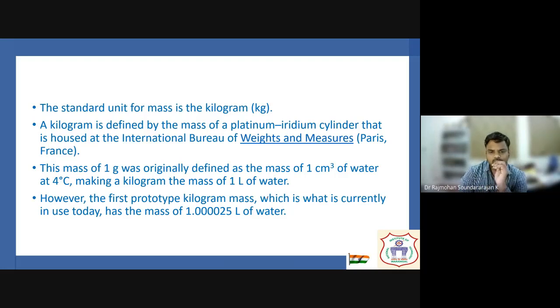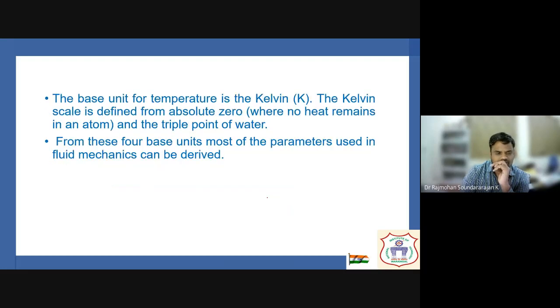However, the first prototype kilogram mass, which is what is currently in use today, has the mass of 1.000025 liters of water. Now we are taking 1 gram mass to be 1 cc of water, so 1 gram per cc comes into the picture.